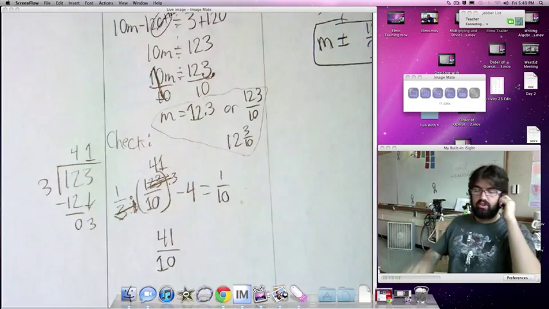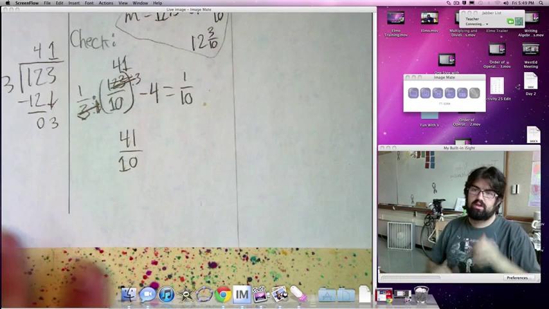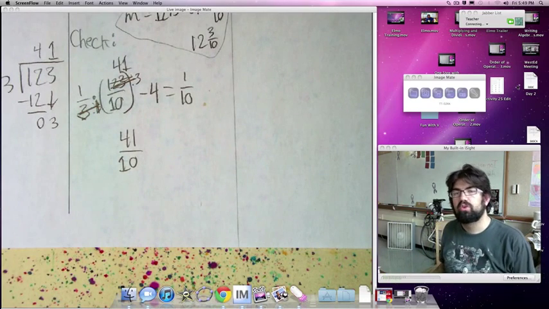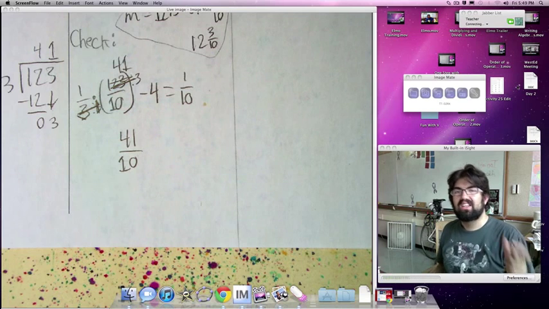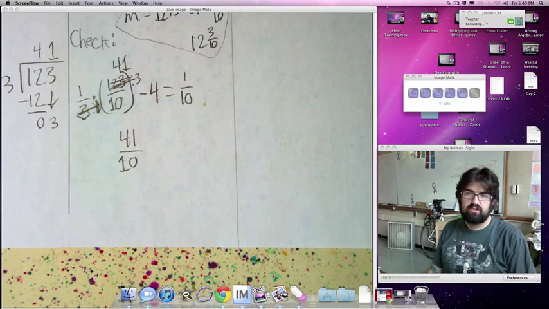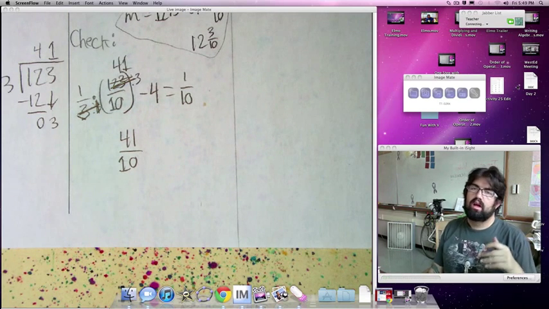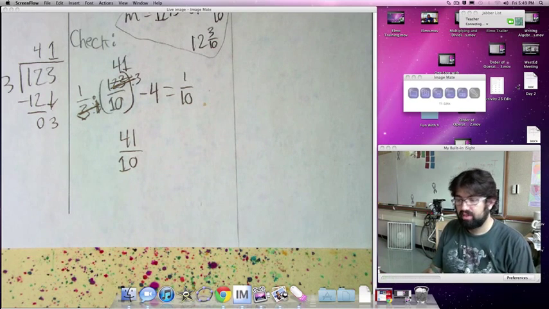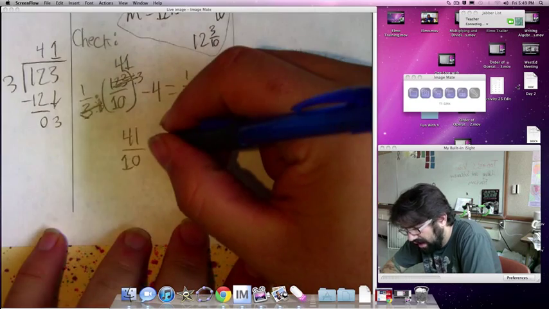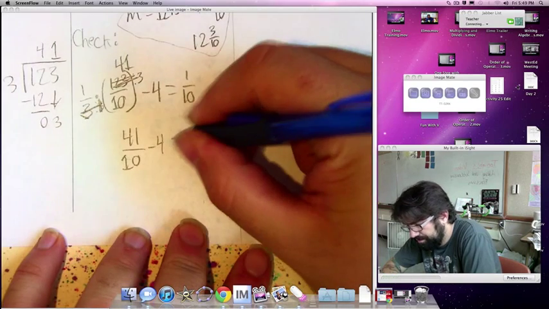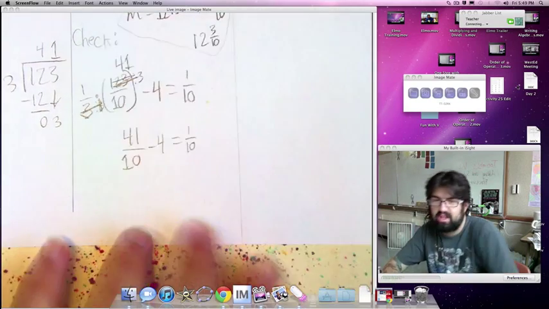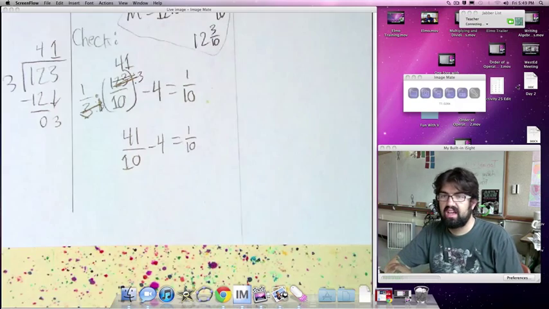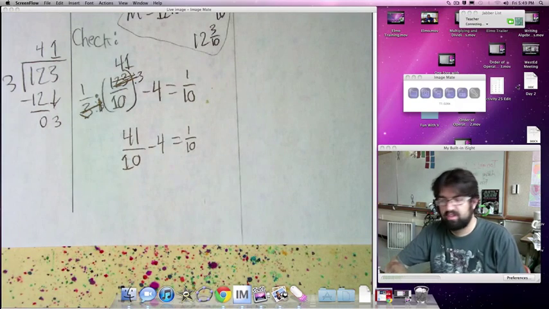Let's look into the future. There's 2 ways of doing this. I can either turn that minus 4 into something with a 10 in the denominator, because I need to get a common denominator, or I can just take my time and think, I could do that, or I could do this. 41 over 10, let's just turn that into a mixed number.